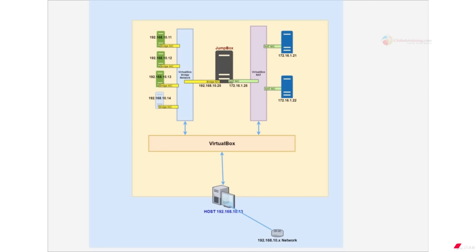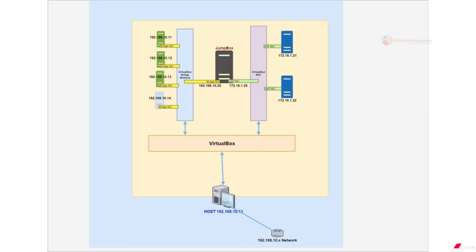We have a machine called VM Jump Box with the IP address of 192.168.10.25, and the same machine also has a second IP which is 172.16.1.25. This machine will act as a jump server while trying to access the machines that are on the NAT network from the bridge network.